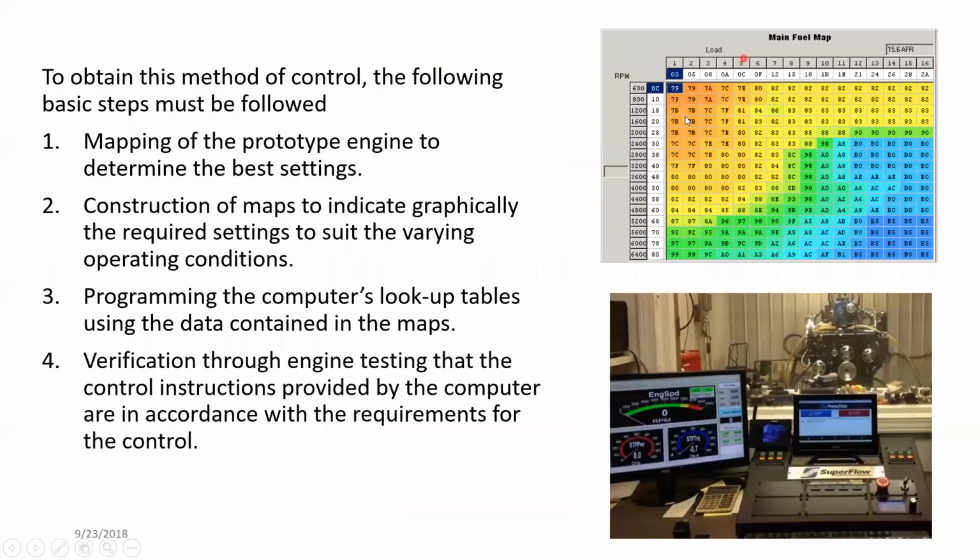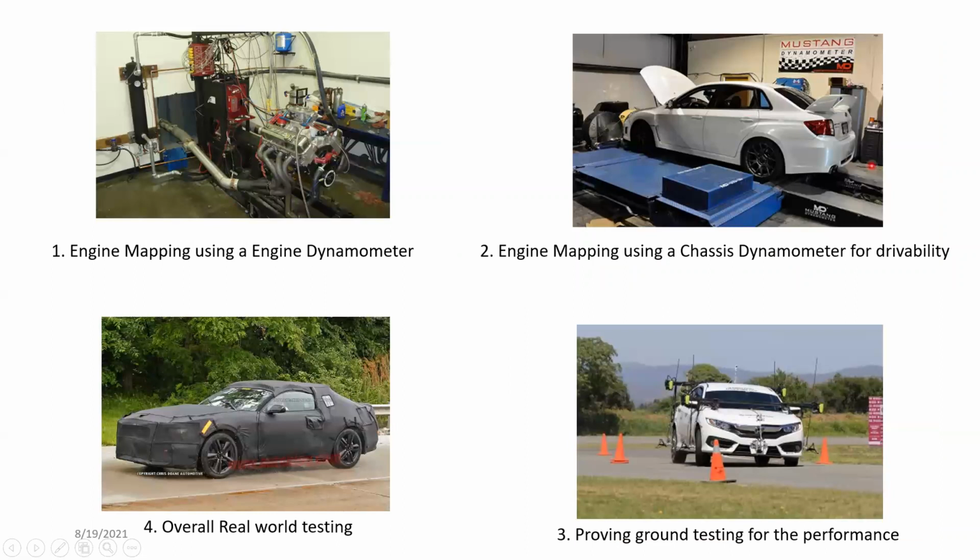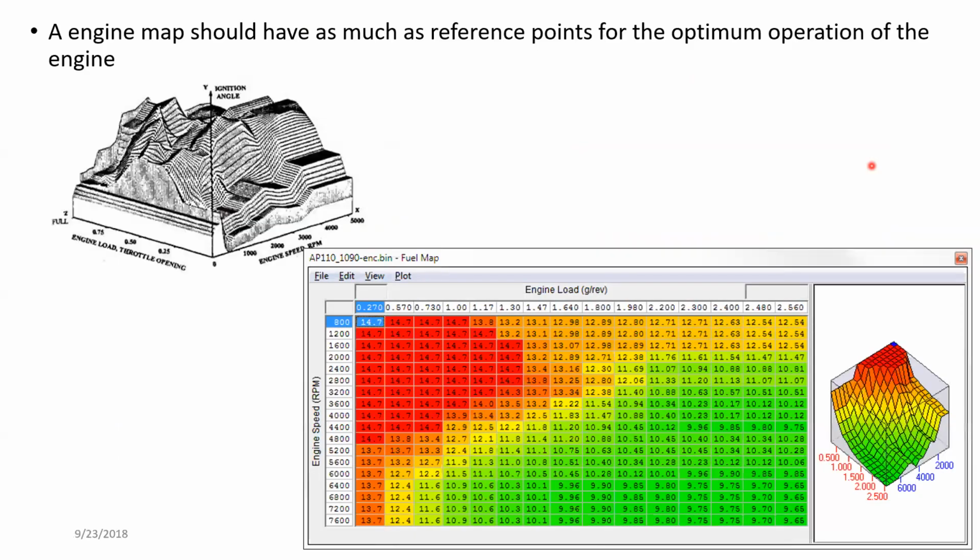Because these lookup table values are different, how the engine performs is somewhat different. Sometimes the same engine even produces more power in different ways. That's possible mainly due to this computer system that can be programmed.